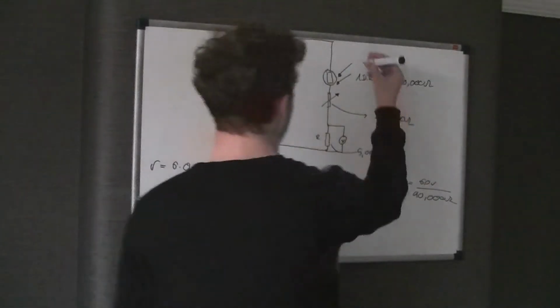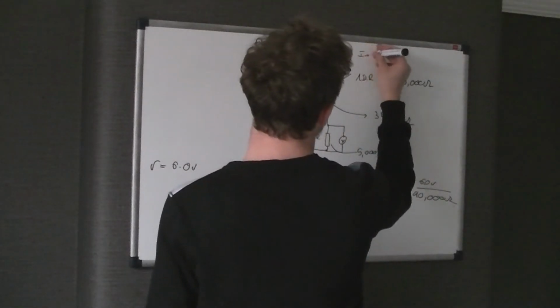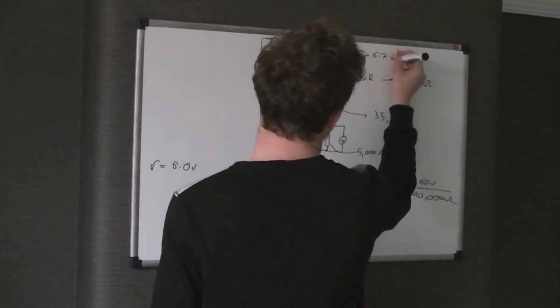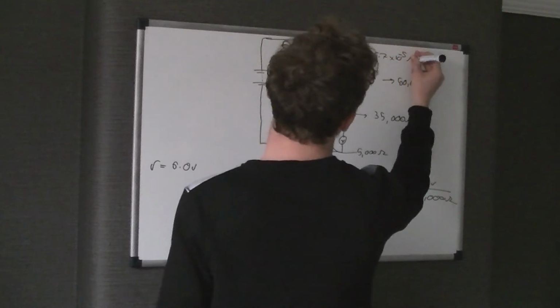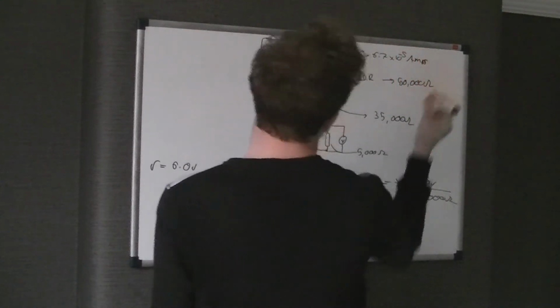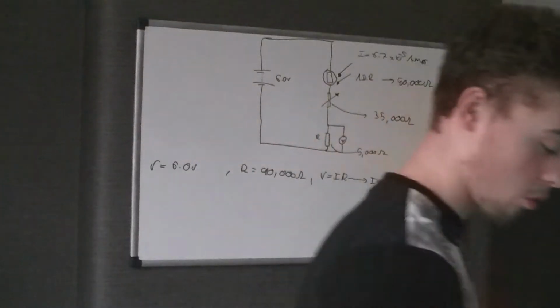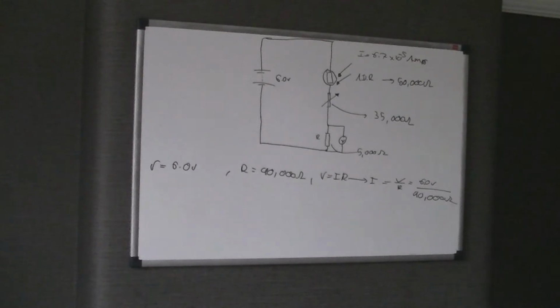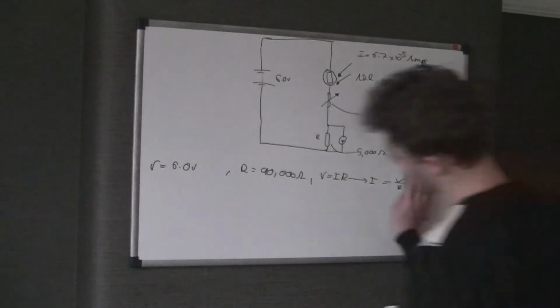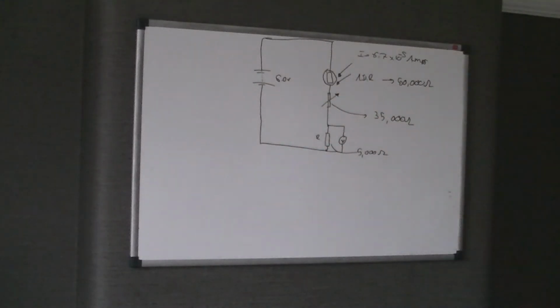So the current is 6.7 times 10 to the minus 5 amps. It's very small, as we expect, because we have a very high level of resistance and therefore a very low level of current. So that's part A out of the way.